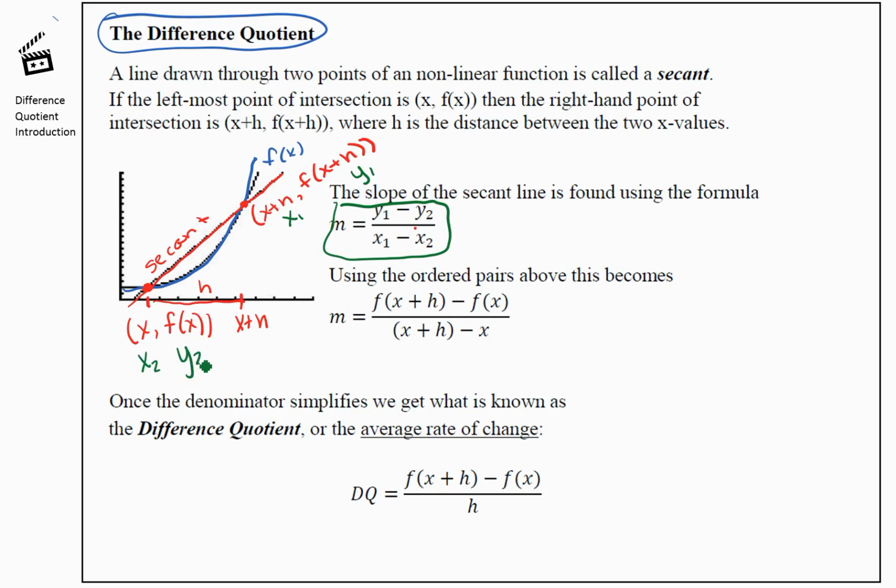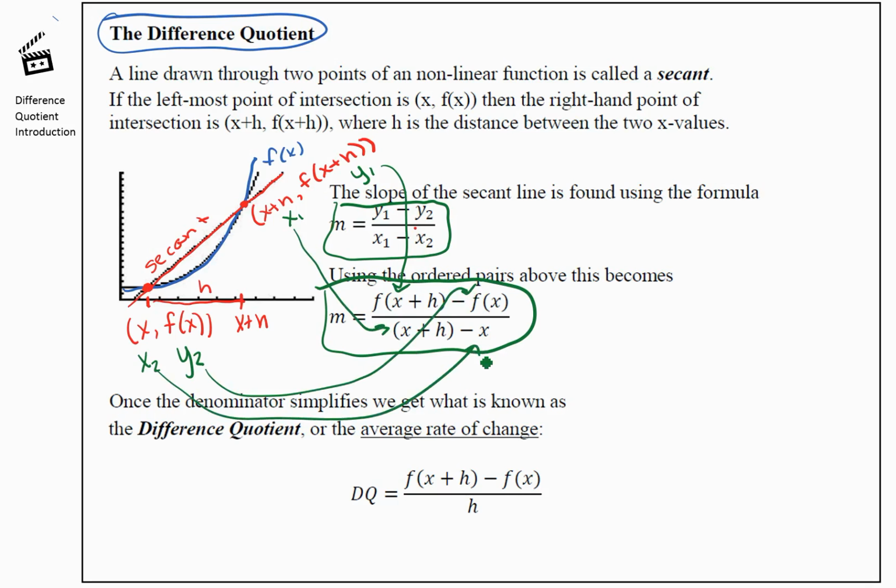And then when we plug that into our slope formula, this is what we get. Okay, we get y1 minus y2 over x1 minus x2. And we can simplify this a little bit. We're going to have to leave the top exactly as it is.